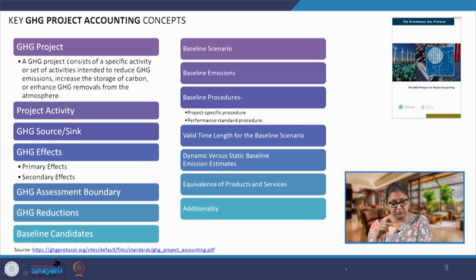Then we also have to define the valid time length for the baseline scenario. For example, we are in 2023 today. Suppose India says that we will become net zero, that is an absolute intent, but if it says that we will reduce the emissions by 50%, 50% of which baseline scenario, 50% of what? So, that is the baseline scenario and it cannot remain the same.